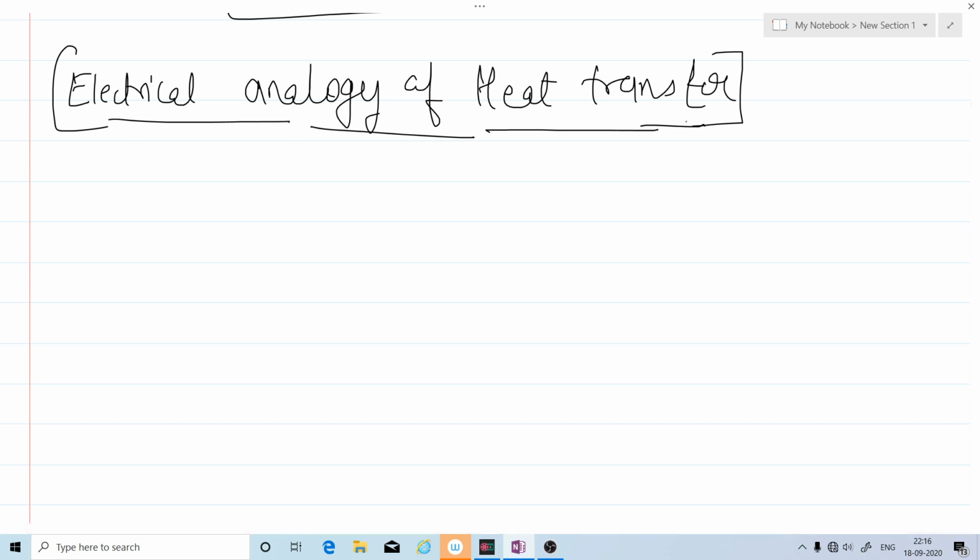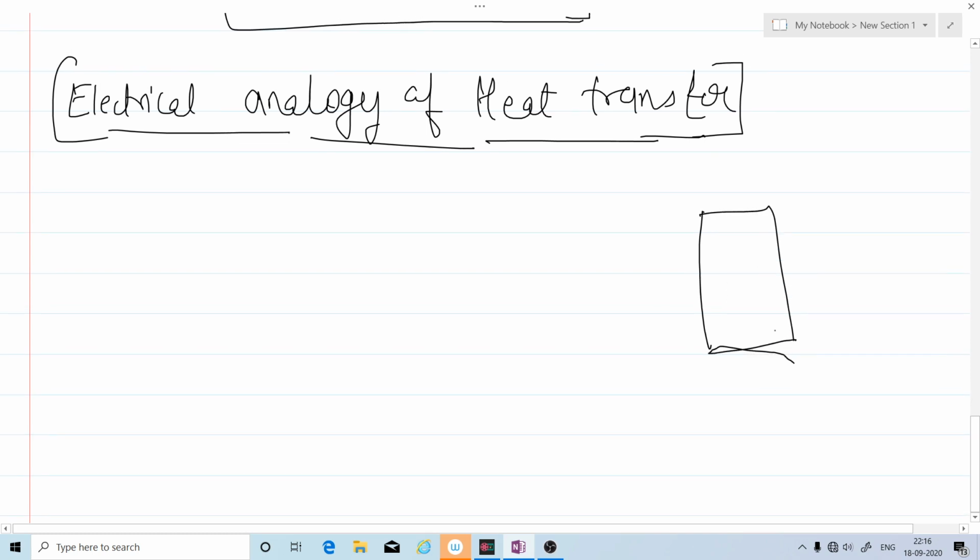If we look into the conduction heat transfer through a rectangular slab, we can see the temperature T1 is on the left hand face, and temperature T2 on the right hand face. L is the thickness and K is the thermal conductivity, and heat is flowing from left to right.